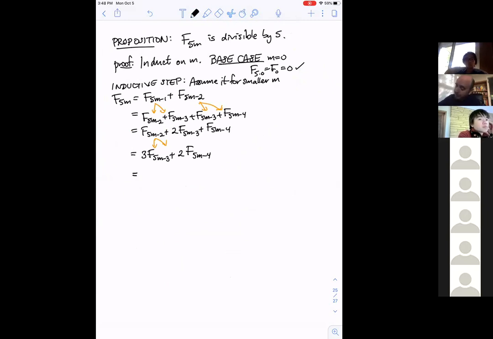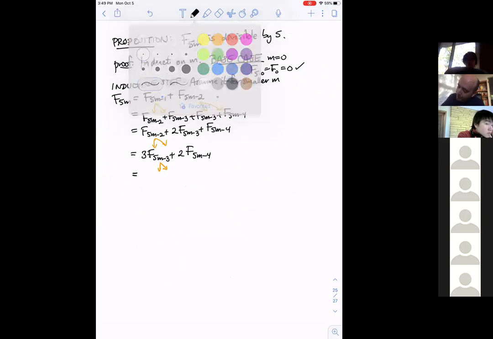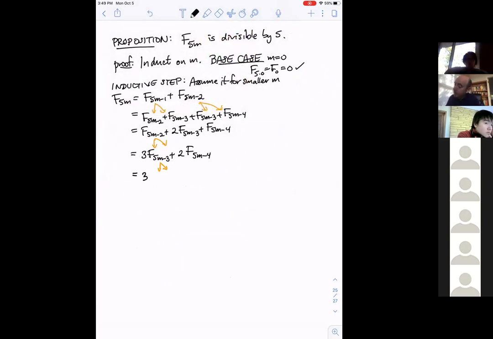So I took the F5M minus 3 and applied the recurrence on that. What is that going to give me? 3 times F5M minus 4. Oh, which combines with the 5M minus 4 from here. Yeah, this is starting to be promising.